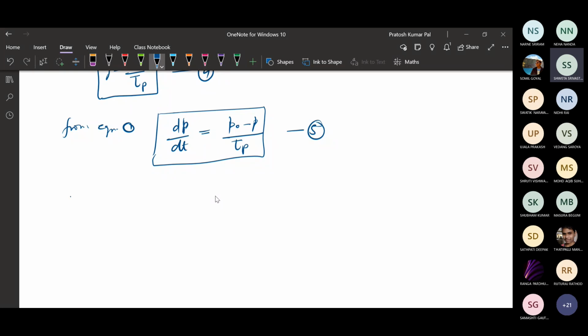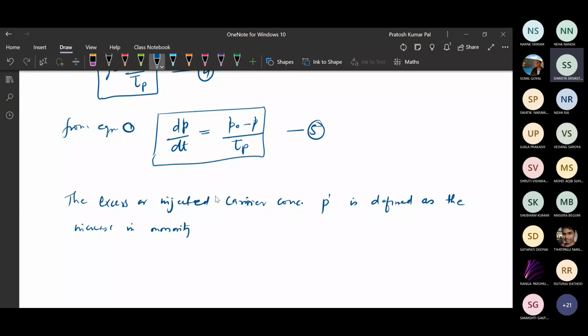Here we can write: excess or injected carrier concentration p dash is defined as the increase in the minority carrier concentration above equilibrium.